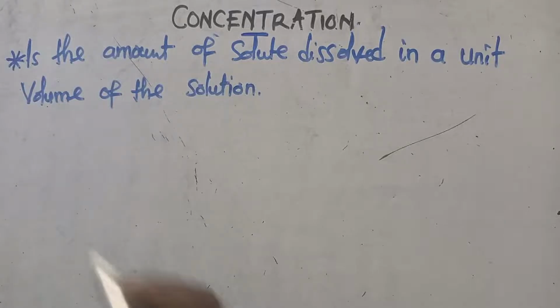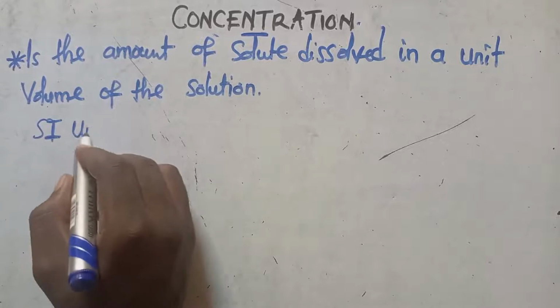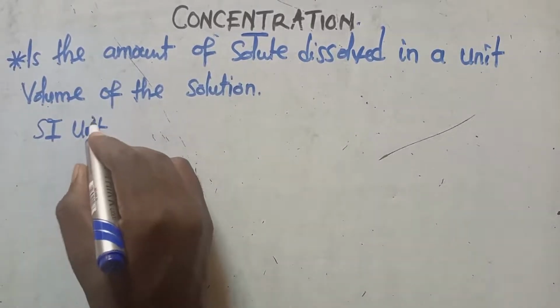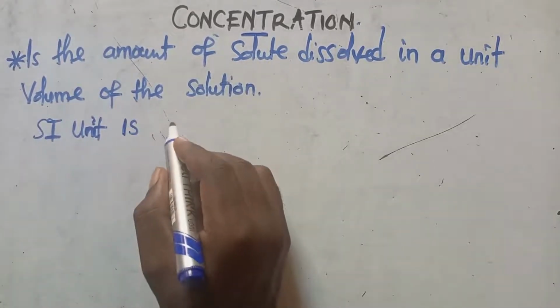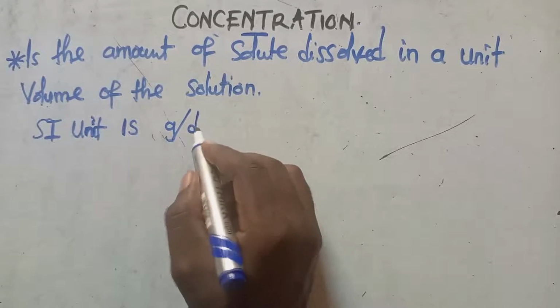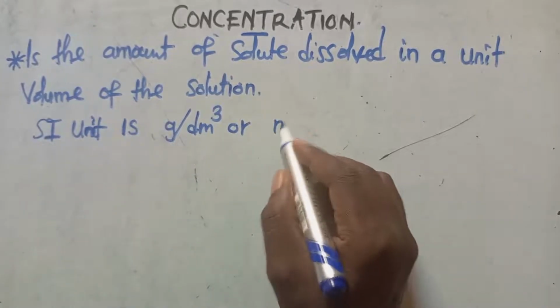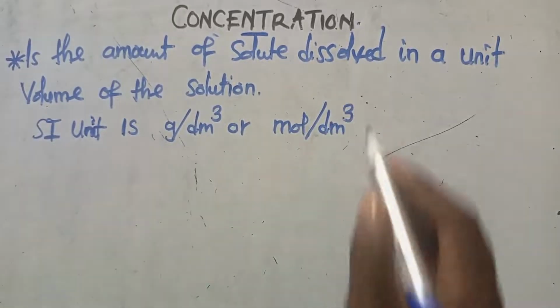I also want you to know the units for concentration. What is the SI unit? The SI unit is grams per cubed decimeters, or moles per cubed decimeters.